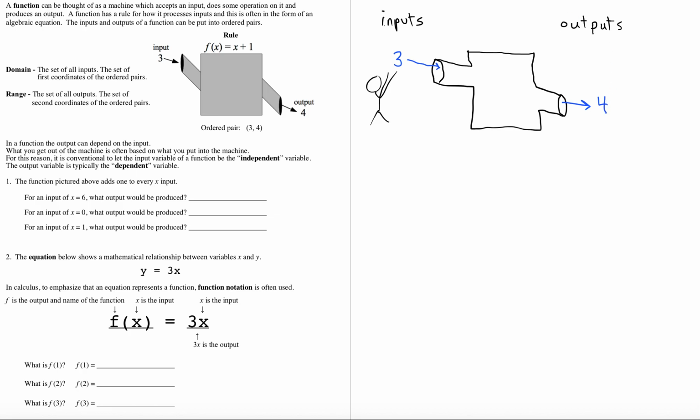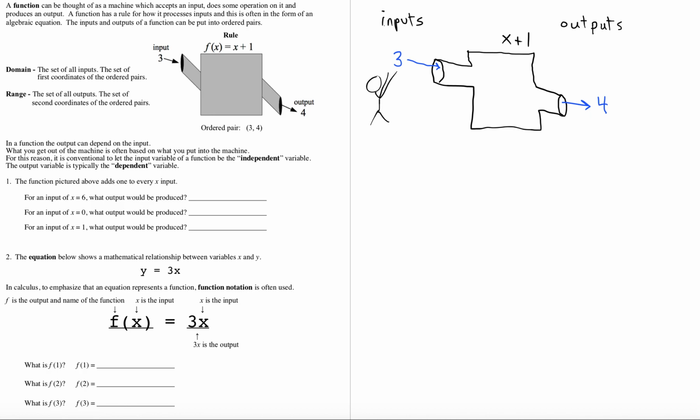The rule for this particular machine is to just add 1 to the input. The formula for that is x plus 1, where x stands for the input. The plus 1 means we're going to add 1 to it, and that'll give us the output. That's the rule that we're going to follow.